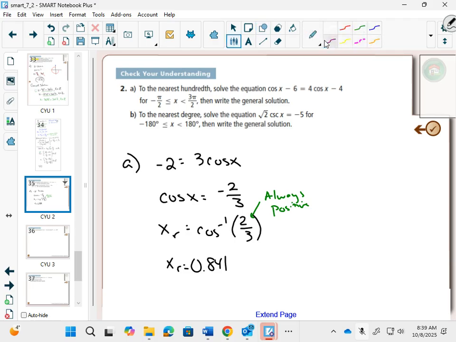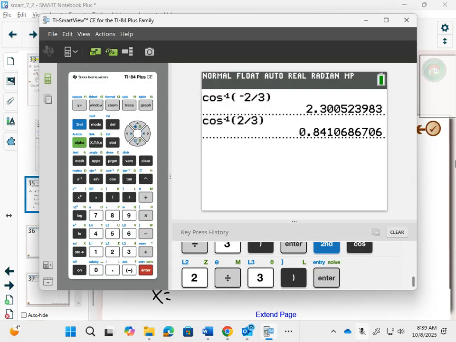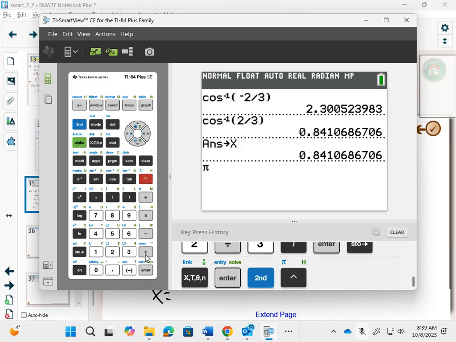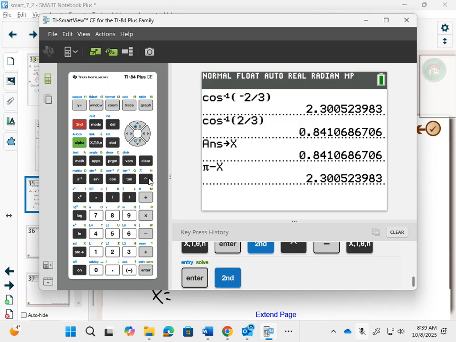And now that we have our reference angle, cos was negative, so we would go in quadrants 2 and 3. So again, I'm going to go back to my calculator here, and I like using the store button, so I'm going to store this as x, because in quadrant 2, I would do pi minus my reference angle. And in quadrant 3, I would do pi plus my reference angle.